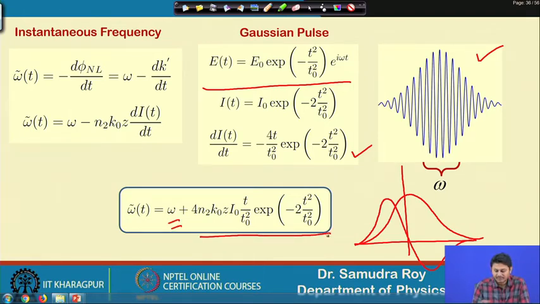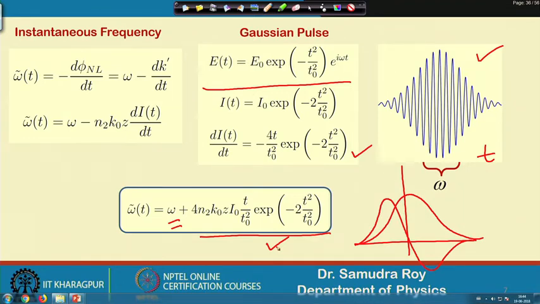So, if I go over the time, the distribution of the frequency, which is uniform here, will not remain uniform because of this additional term. And this is because in our system we have a refractive index which is now a function of time also, because the refractive index is a function of intensity, and now intensity is a function of time.